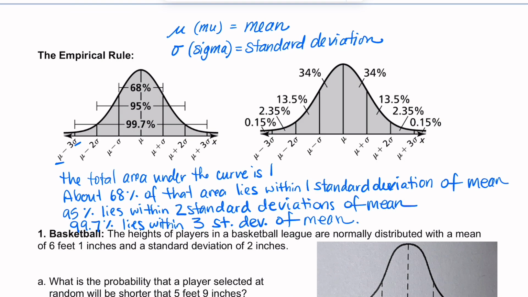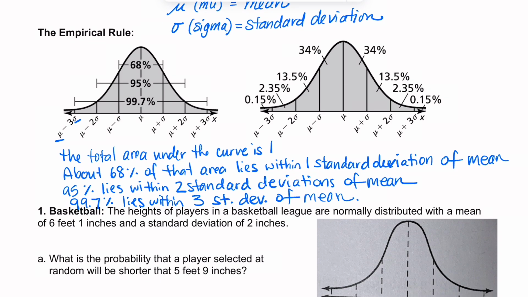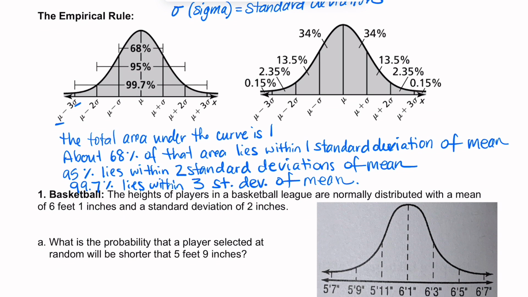So how do we use the normal curve or these percentages? Let's look at this example. The heights of players in a basketball league are normally distributed with a mean of 6 foot 1 inches and a standard deviation of 2 inches. On your notes, I don't think you have this chart drawn, but you'll want to draw it. You start by drawing this line right here, kind of like our x-axis or number line.